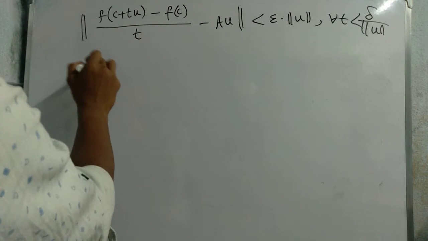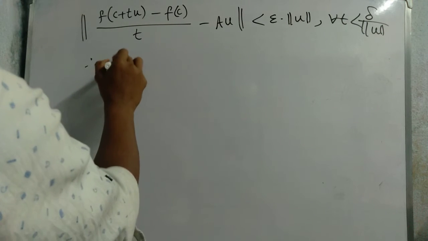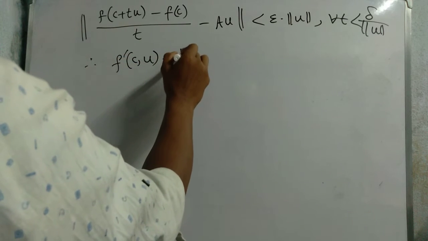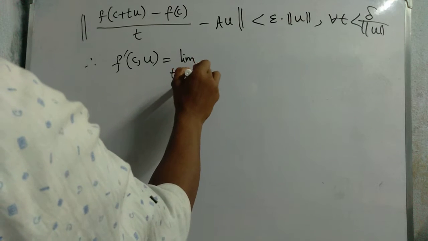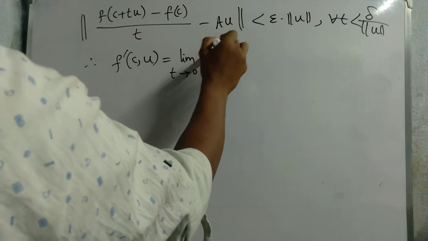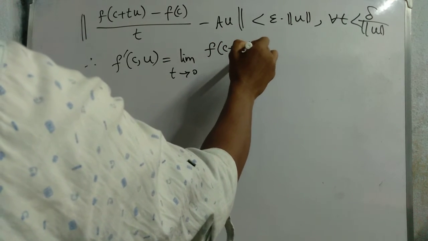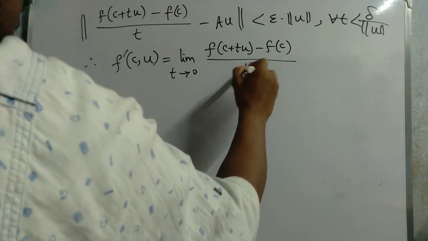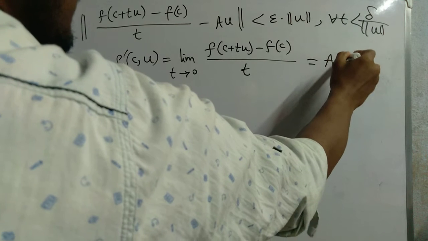So f'(c; u) equals the limit as t tends to 0 of f(c plus tu) minus f(c) by t, equals Au.